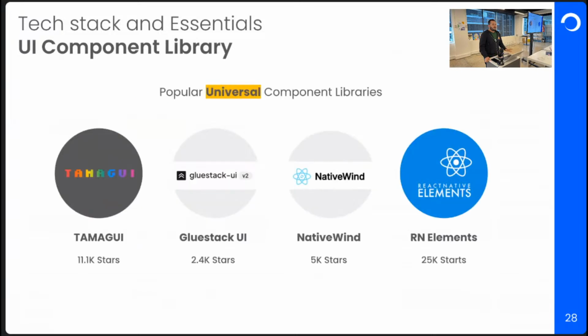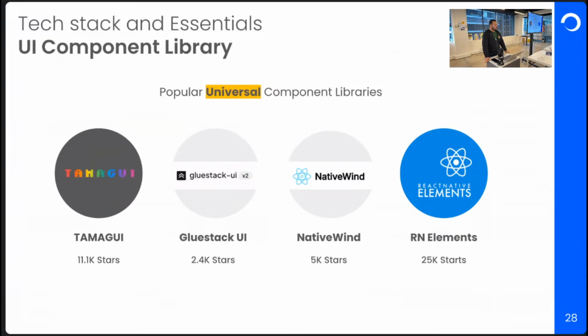Now, luckily, we have some very mature universal app frameworks out there, which you can straight away get and start using. So you have Tamagui, which is what we have used for our demo app, and then there is GlueStack UI, which is a pretty good universal library.